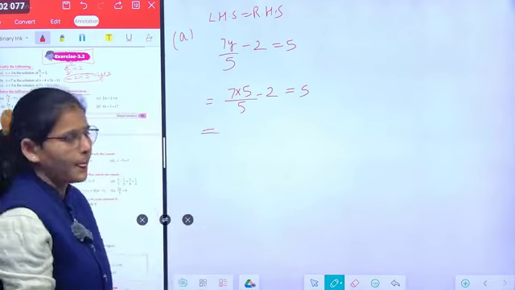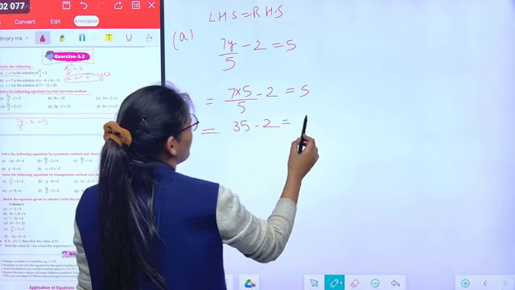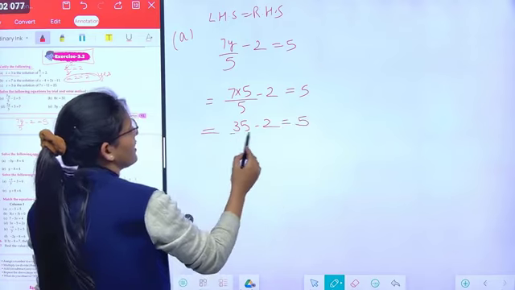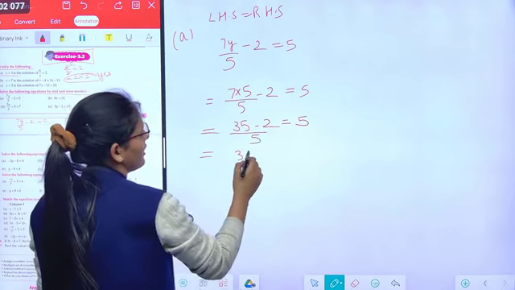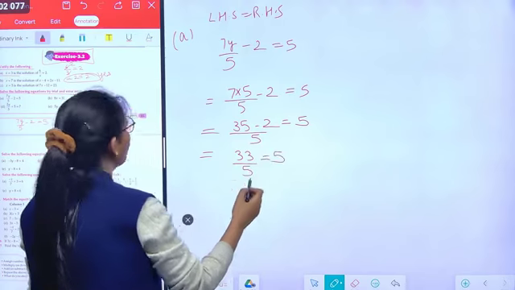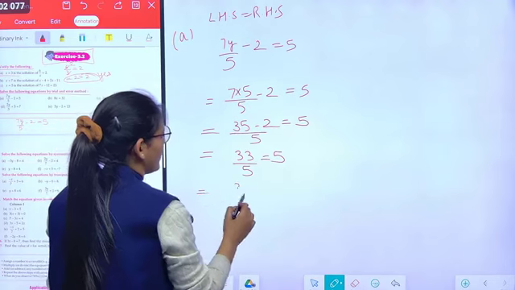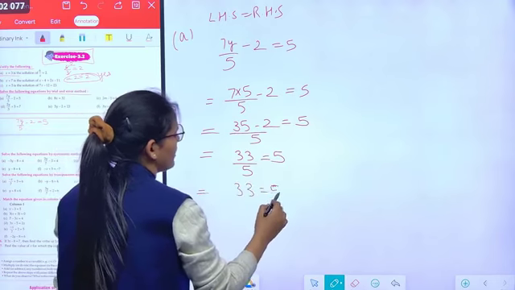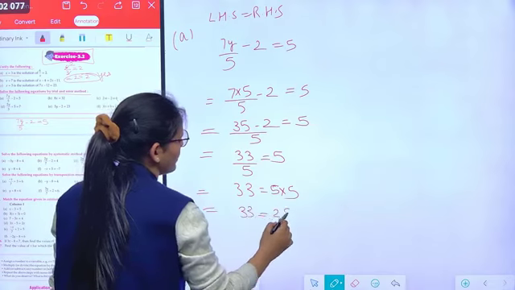Plus, we will put 1, 2, 3, 4. Now class, first we put 5: 7 5s are 35 minus 2, 33 upon 5 is equal to 5. 5 5s are 25. Now class, these two are not equal to each other.